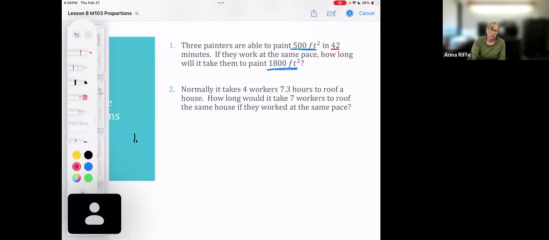And when we're given some information about time, it doesn't look like their pace changes, so it doesn't look like their rate changes. We're not going to use that as a variable. We're going to use the area in square feet as one of our variables, and then the number of minutes that they work as our other variable.